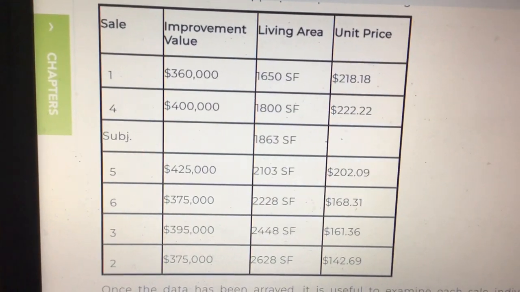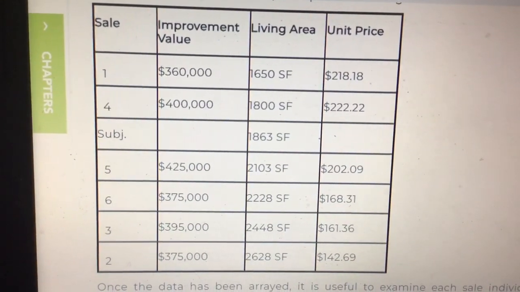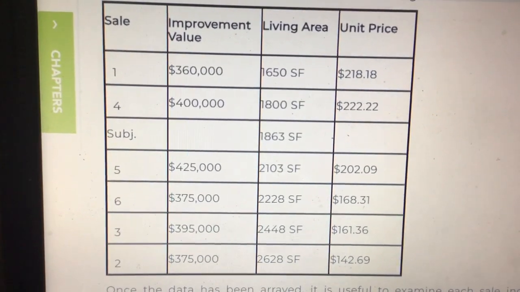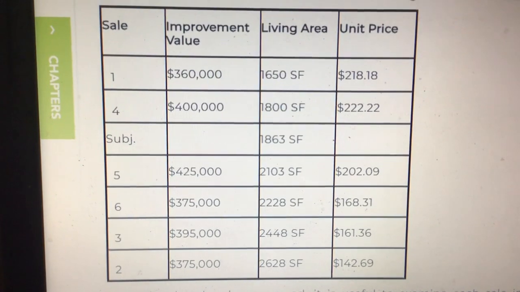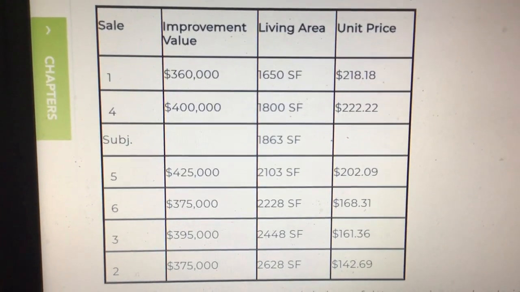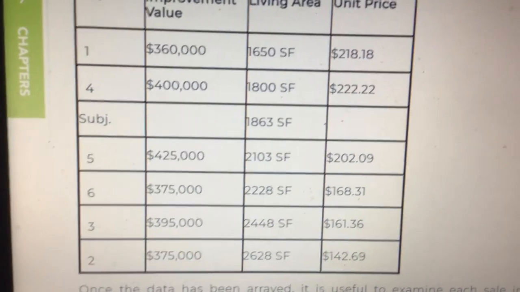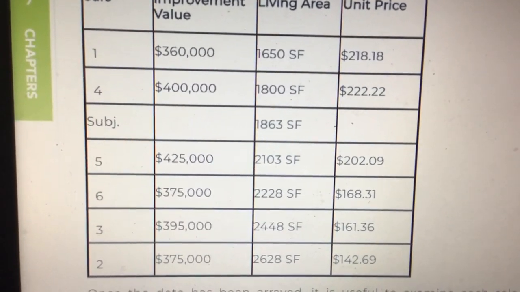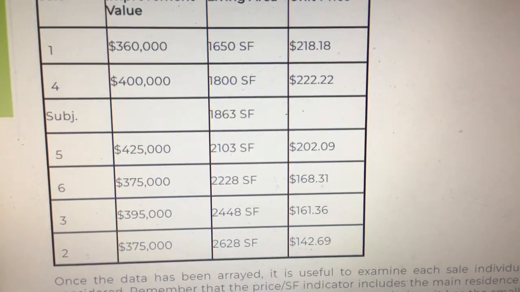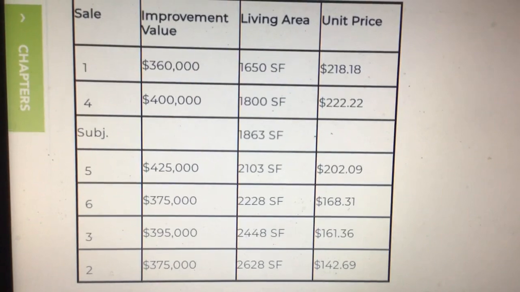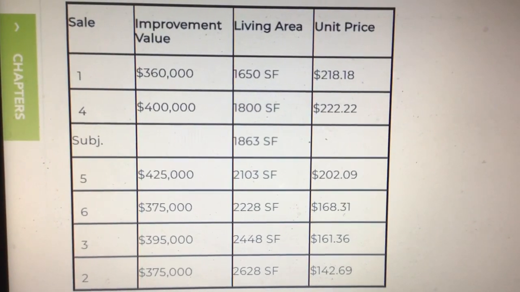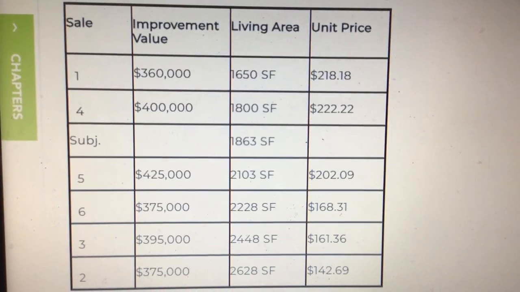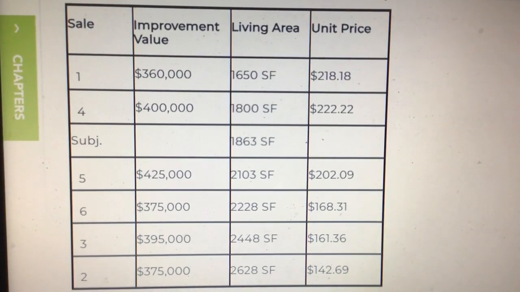it shows 4 columns. On the first it says sale, on the next it says improvement value, on the next it says living area, and on the last part it says unit price. On the next row it has sale number 1. Its improvement value is $360,000. The living area was 1,650 square feet.